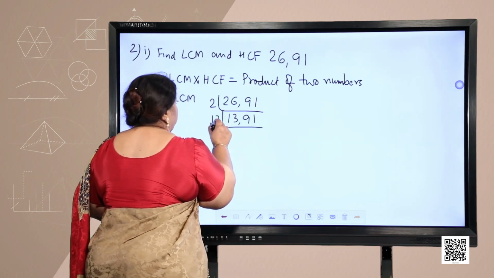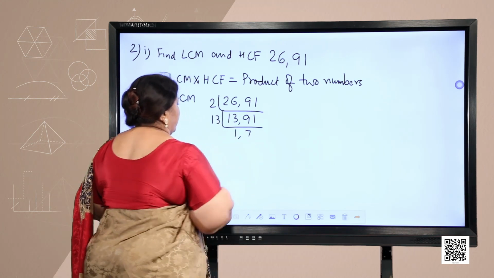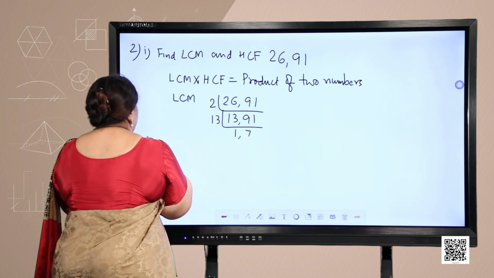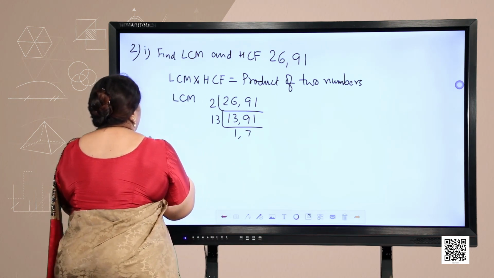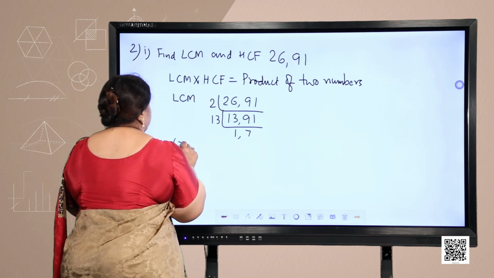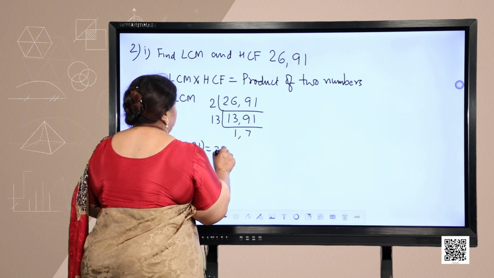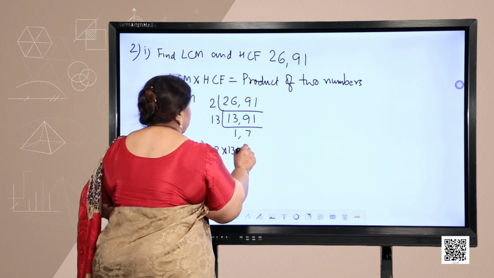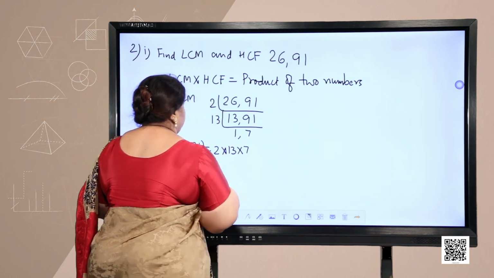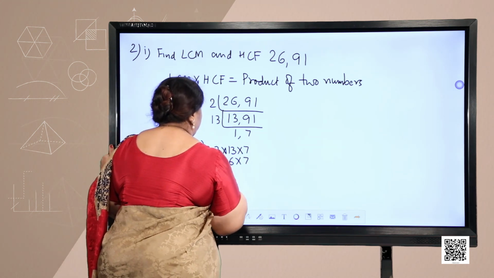Now, I think 13 is the next prime number, 13 ones are 13 and 7s are 91. That means, I could write down LCM of 26 and 91 as 2 into 13 into 7, that is 26 into 7.